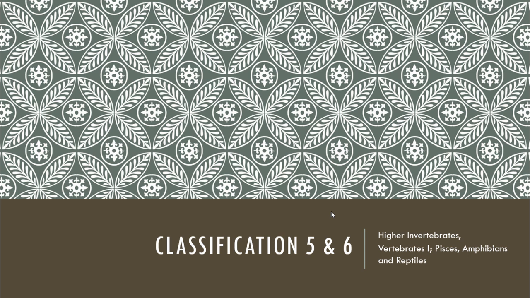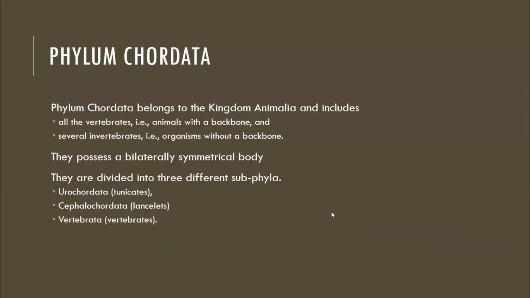In the vertebrates, basically we have the Pisces, amphibians, reptiles, aves, and mammals. Let's note that. So phylum Chordata belongs to the kingdom Animalia, and you know already that these phyla start from the first one there, the phylum Porifera.